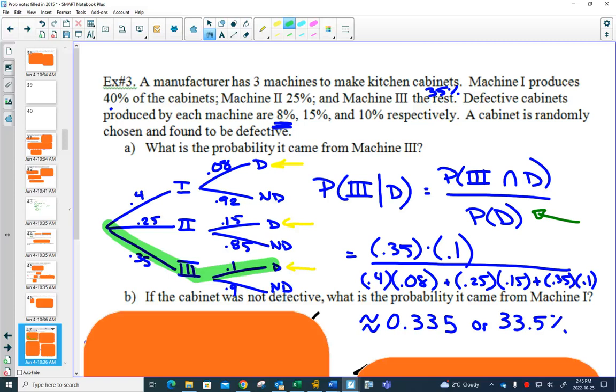And simplifying this, typing it into our calculator, we get just over a 33% chance. Based on what was given to us before.